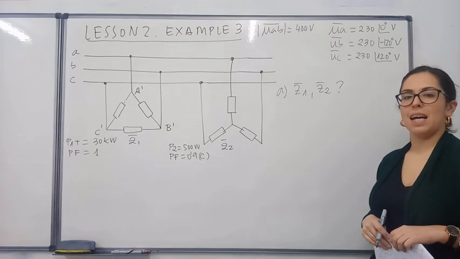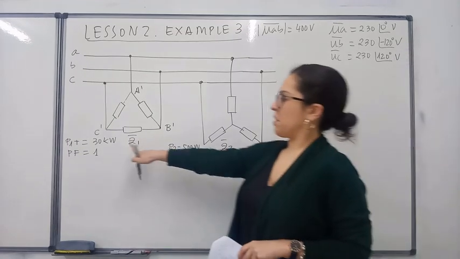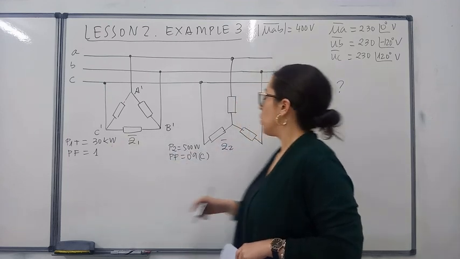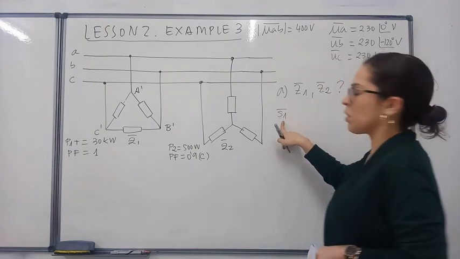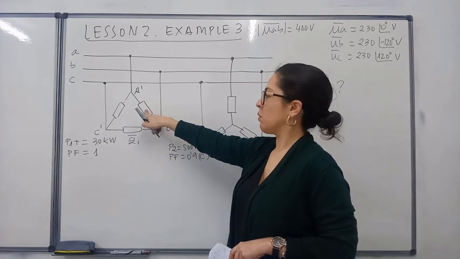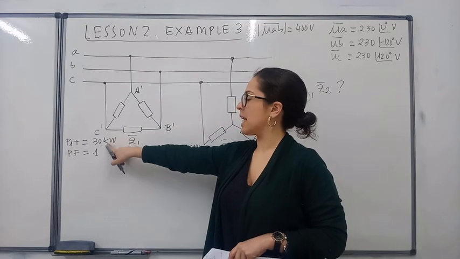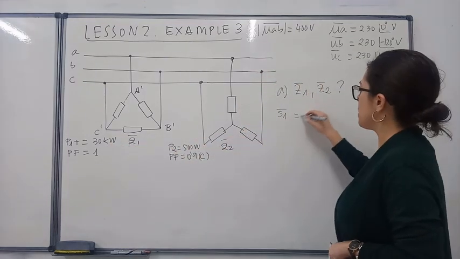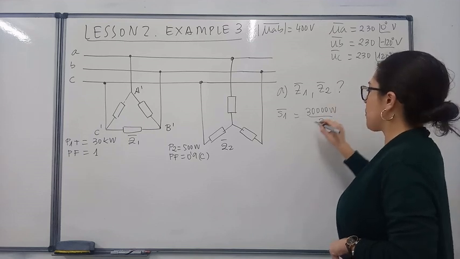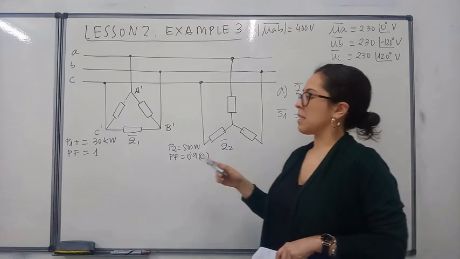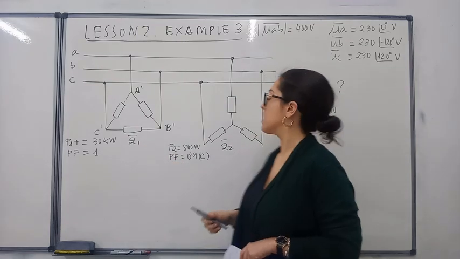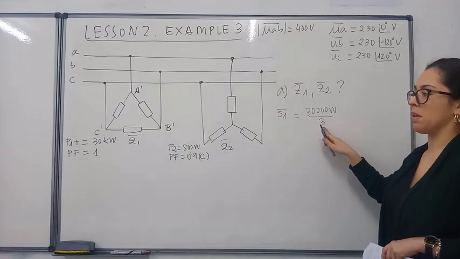The first question asks for the currents in the sides of the delta. So let's calculate that. First, as we have the power factor and the total active power, we can determine the value of the complex power of one of these loads. We divide that total active power expressed in watts by 3, because the total active power means the power of the loads connected in these 3 phases, and we want 1/3 of that value.